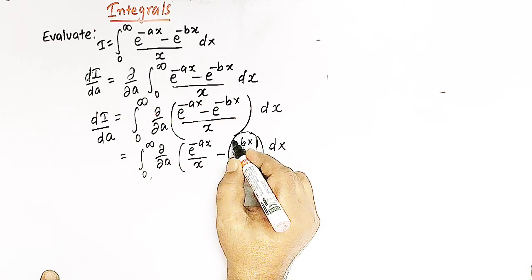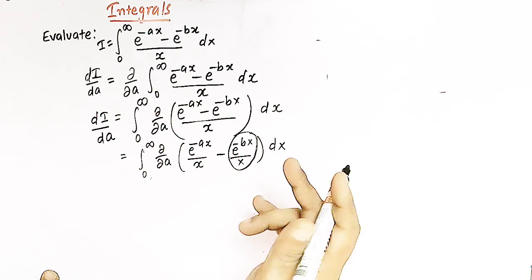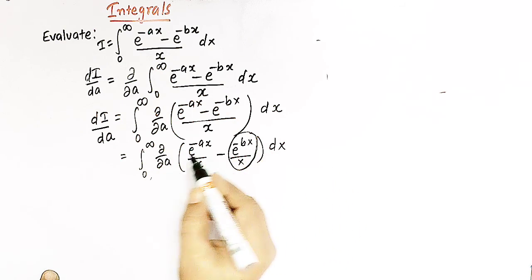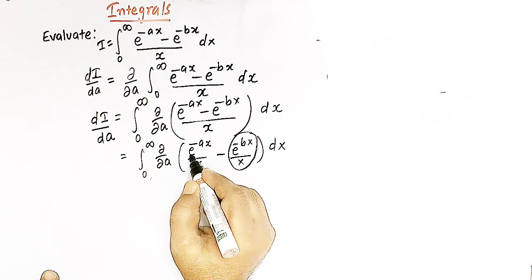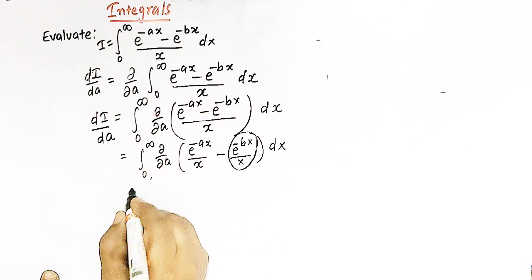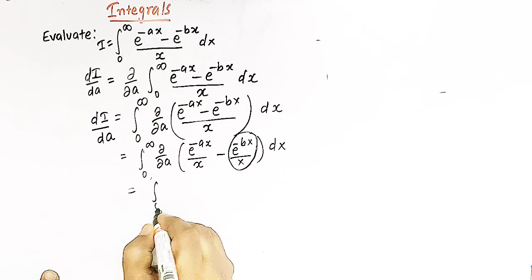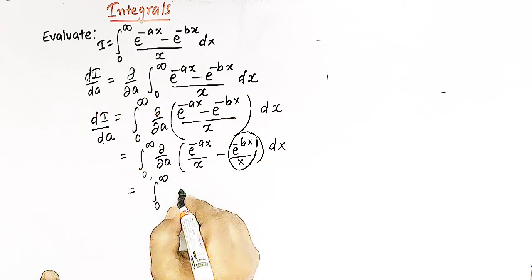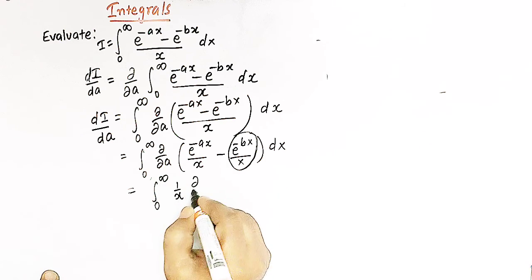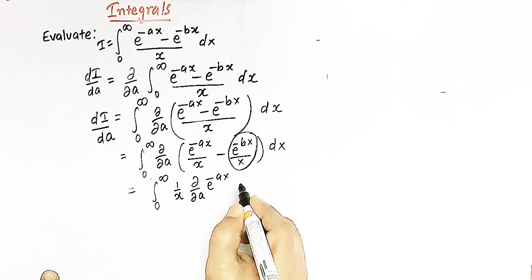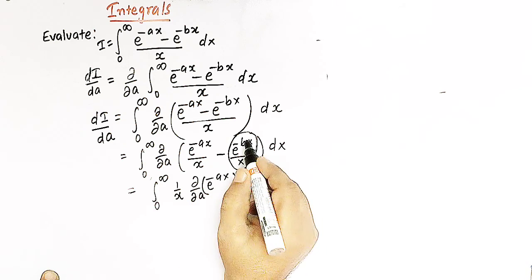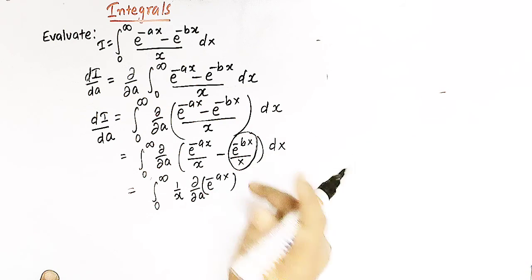And here we have e raised to minus ax, so we can write the integral from 0 to infinity of 1 over x times del over del a of e raised to minus ax, and the partial derivative of the other term is 0, dx.